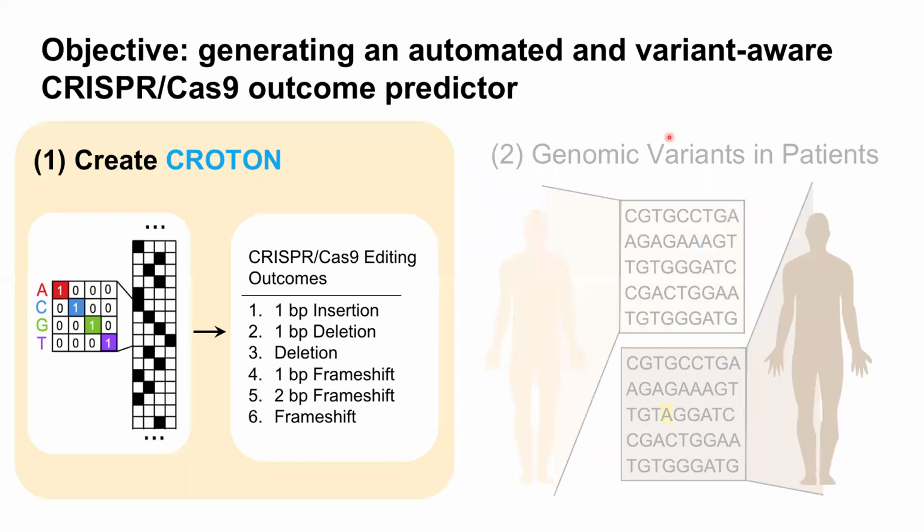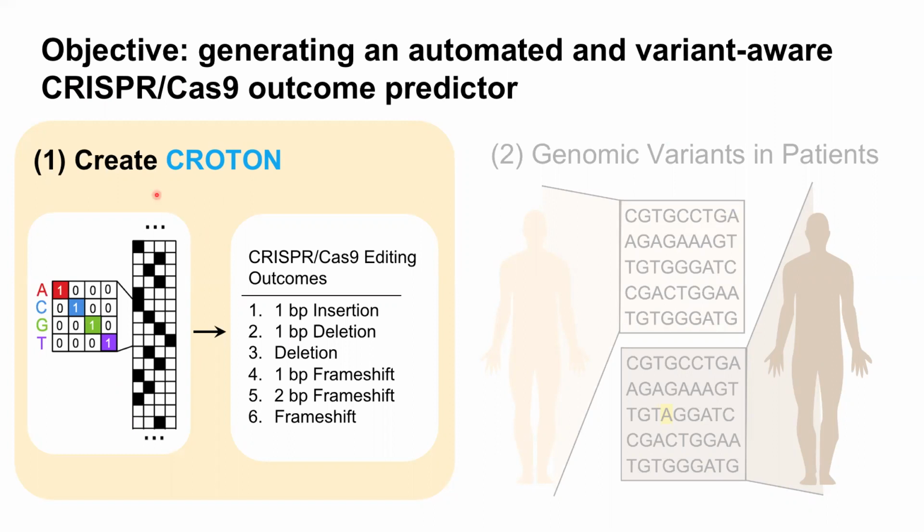So in other words, the first objective of this work was to create an automated CRISPR-Cas9 editing outcome predictor, which we have named CROTON. As you can see in this image, CROTON was trained on these raw one-hot encoded sequences representing the target sequences of CRISPR-Cas9 editing.